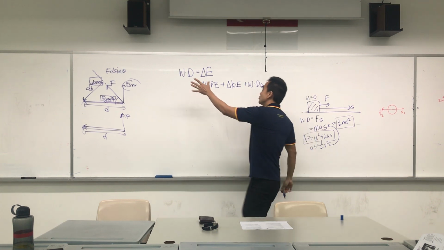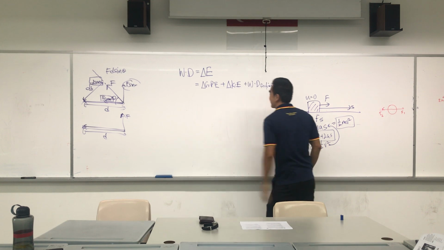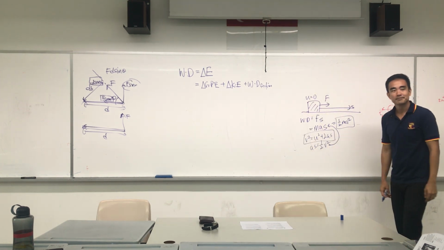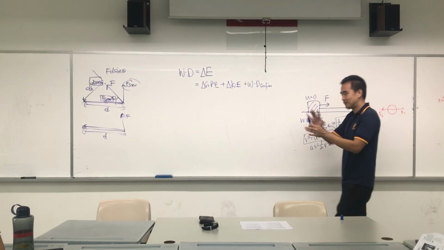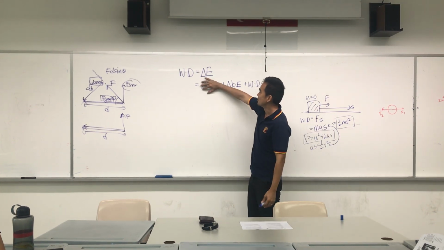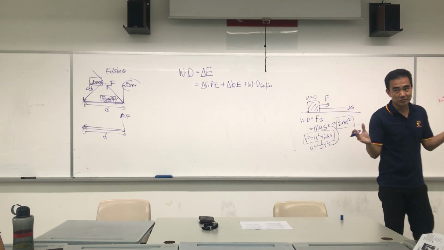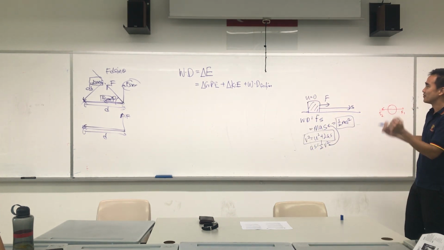So any work that you do needs to go through this, or this, or this, or all three of them. In a perfectly frictionless situation, you just need to cover this. If there's no change in height, you cover this. If there's no change in speed, you cover this. I think this is the broadest way to look at energy conversion.